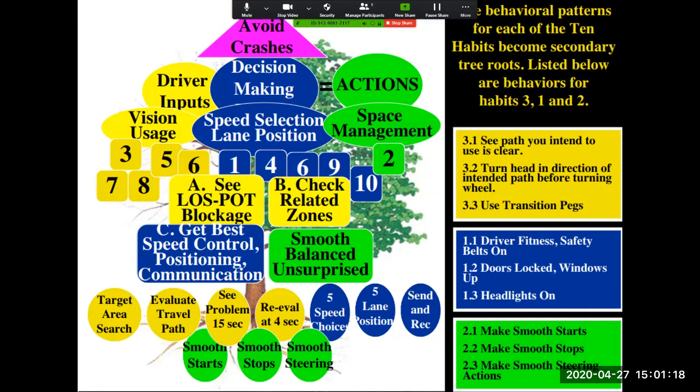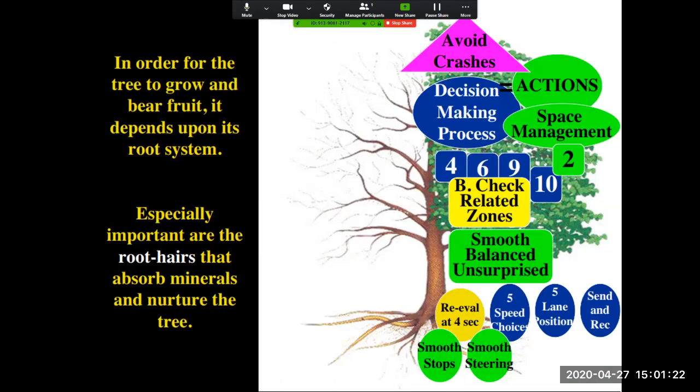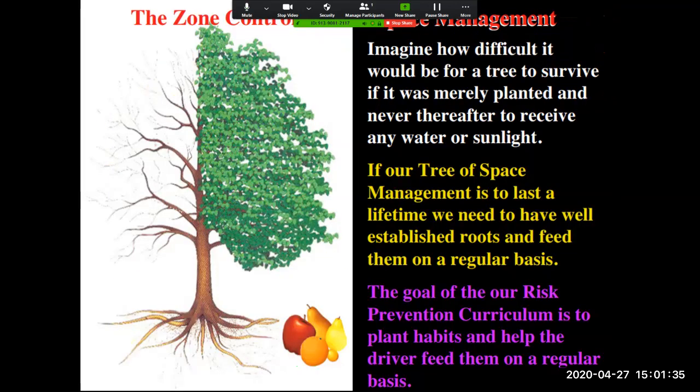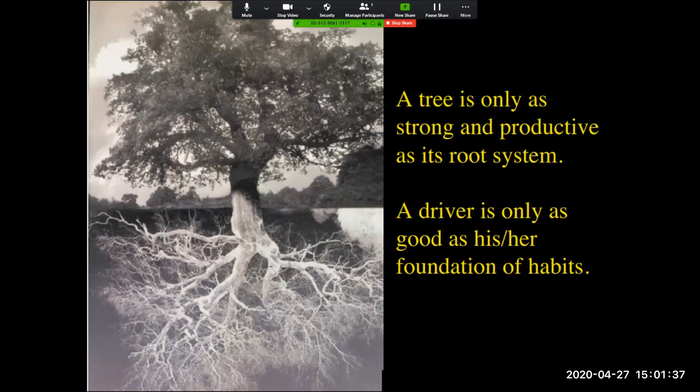Okay, just because others do it does not mean it's safe. Okay, so we need to grow and develop this decision-making habit side and seeing side, and as we see, we want to make sure that we grow this tree. And that's the end of my metaphor.